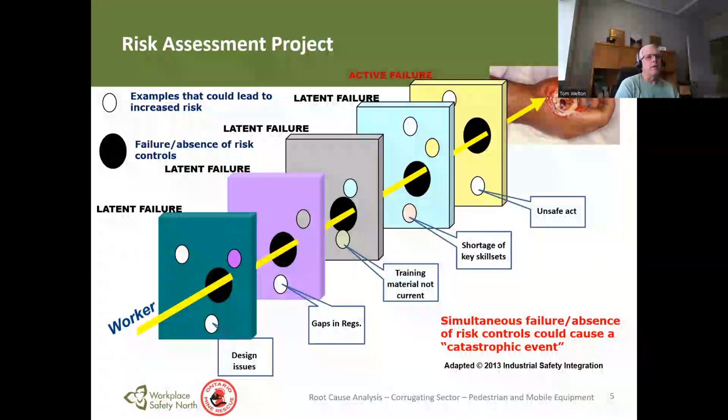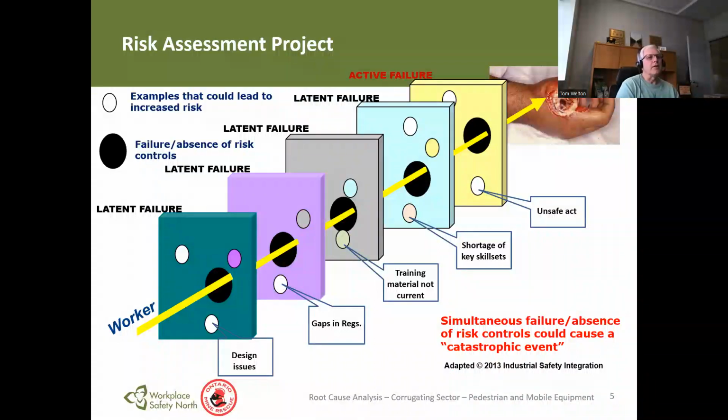However, it also understands that there is the potential for latent failures as part of this process, and there's an opportunity for increased risks in relation to things like design issues. It could be using a piece of equipment that's a little bit older, may not meet the new CSA machine guarding standards, and may be missing things like back guarding. And there is the potential for an injury based on some of those design issues. And you can see the white holes in each of the blocks represent some of those issues.